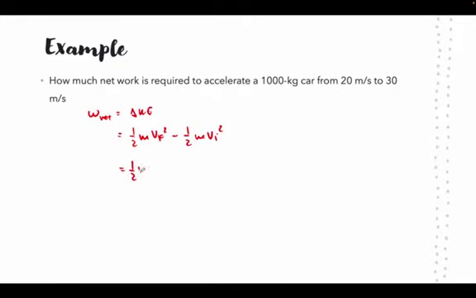This is equal to 1/2 m times vf squared minus vi squared. And this is equal to, taking out our calculator here, 30 squared minus 20 squared times 500 gives me 250,000 joules.